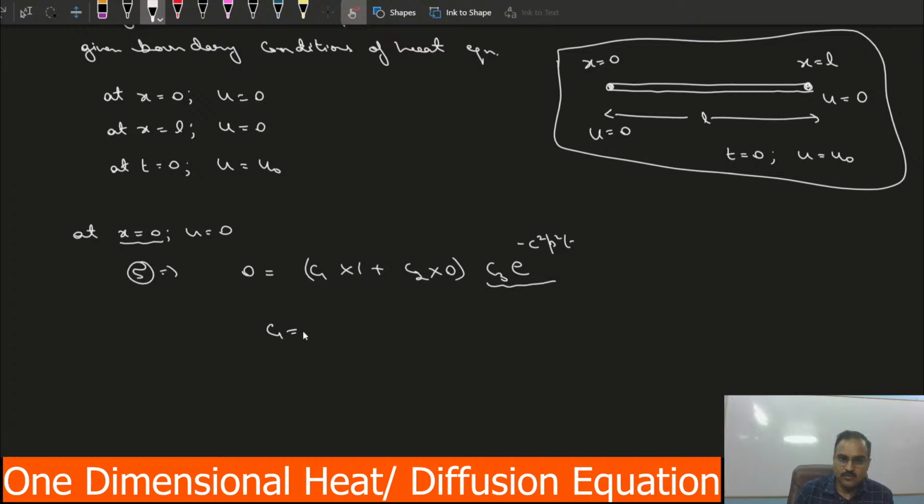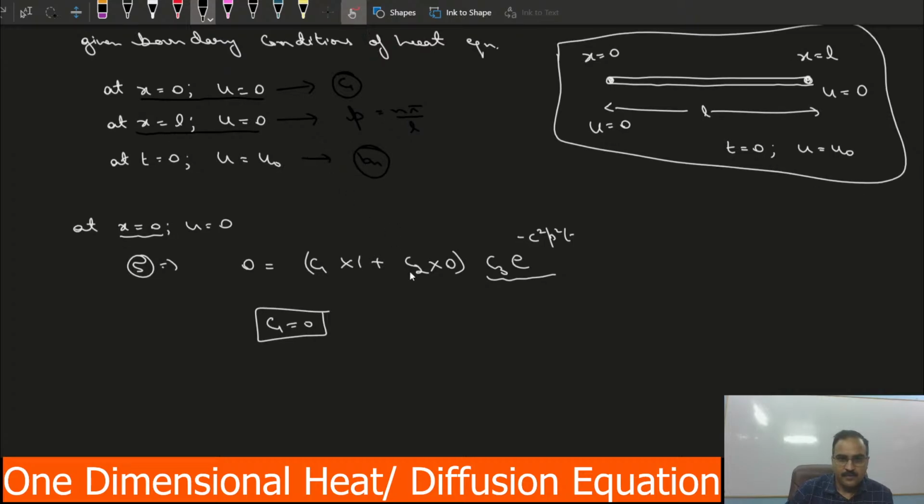So that means c1 = 0. I am again explaining to you that from the first boundary condition we will be getting the value of c1, as we have done yesterday. From the second boundary condition we will be getting the value of p, that will be basically n pi by length of the rod, and from the third boundary condition we will be getting the value of bn.